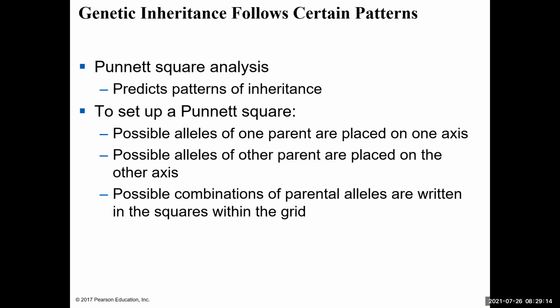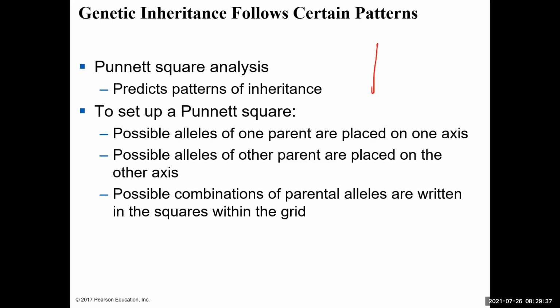We can set up a Punnett square by following these steps, okay? Basically, we have possible alleles of one parent placed on one axis and possible alleles of another parent placed on the other axis. And then we look at the possible combinations written in the grid.